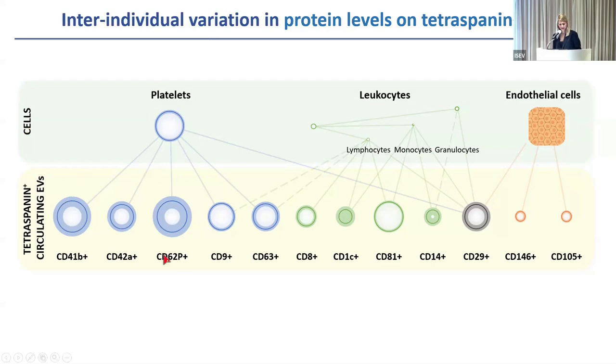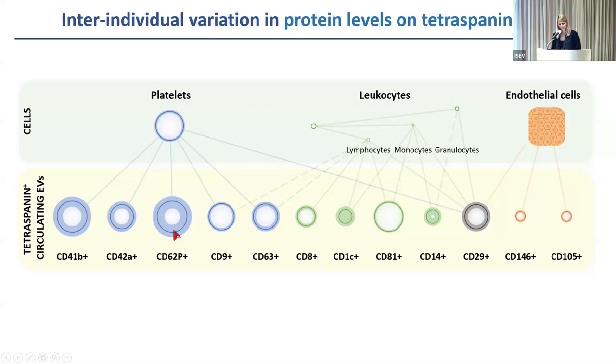If we just look at the quantification, the highest expression level was found for the platelet specific markers, and it seems that these tetraspanin positive EVs are mostly from platelets, but of course we could also detect some from leukocytes and also from endothelial cells.